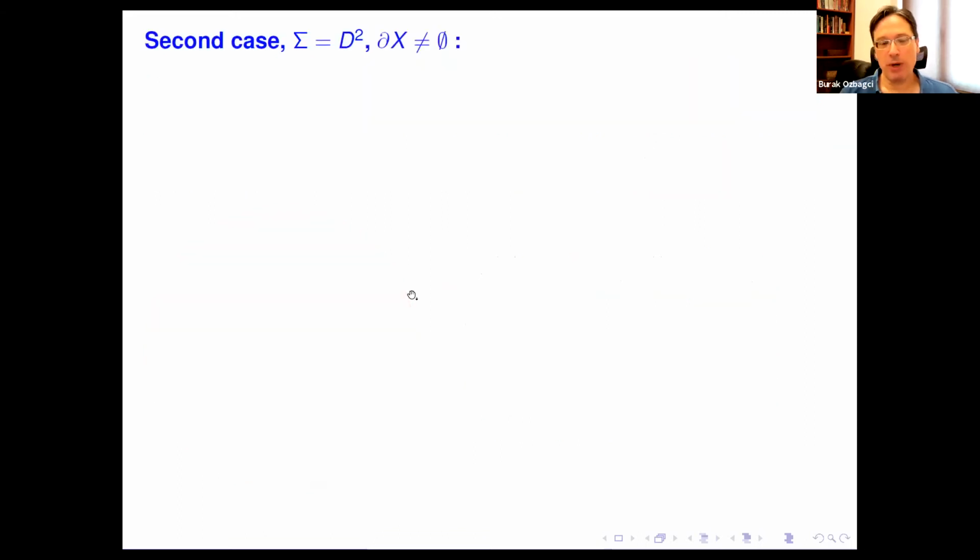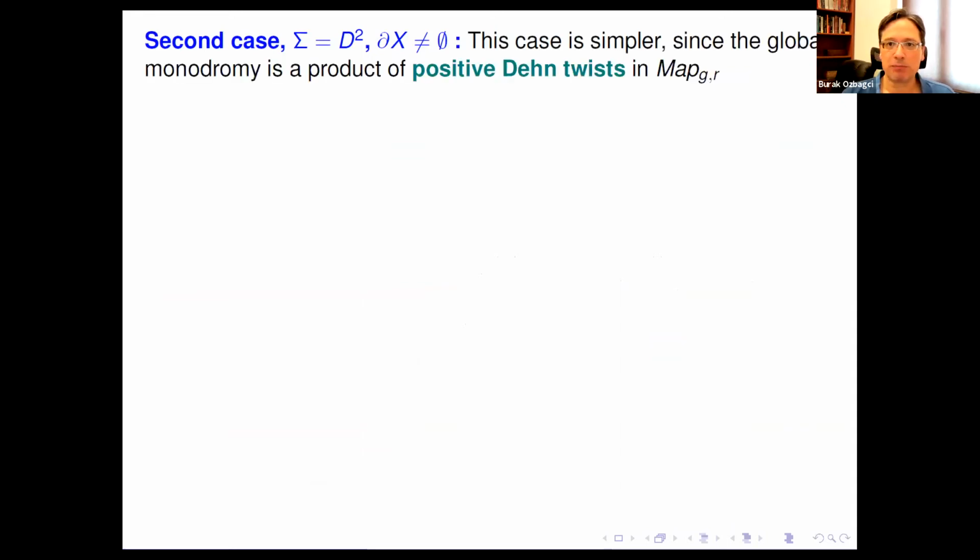Second case is when sigma is a disk and the boundary is non-empty. So the total space manifold has boundary and the fibers will have boundary in general. This case is simpler since the global monodromy is a product of positive Dehn twists in Map G,R, the mapping class group of a genus G surface with R boundary components with no other constraints.